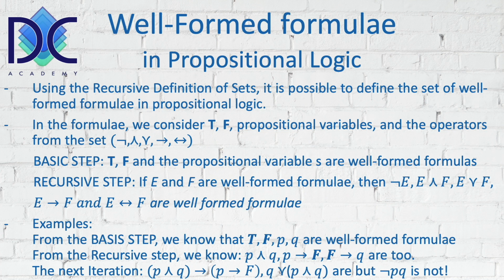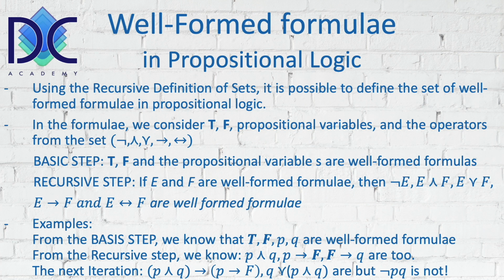So basically, we know that T, F, P, and Q are well-formed formulas. P, Q, R are the propositional variables that I'm considering. And we know from the recursive step that we can say that P and Q, if P then false, if false then Q, are also well-formed formulas.